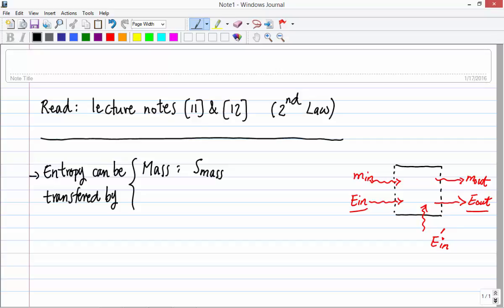So again, entropy, the chaos potential, increases. So either by heat, like energy, or by mass, we can add or withdraw entropy to or from our system. So entropy can be transferred by mass or by energy.